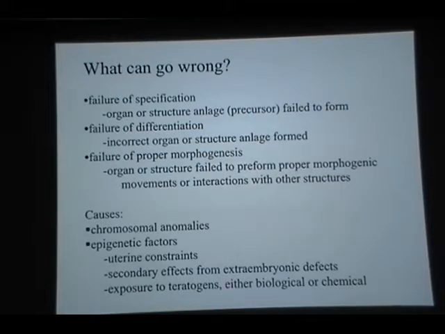Exposure to teratogens, either biological or chemical. A good one is cocaine. Cocaine or alcohol can cause specific phenotypic issues in development of an embryo or a fetus. Chemicals, a good example is thalidomide. Thalidomide was used years ago, not in the United States, but in other countries, in the 50s to control nausea during early pregnancy.